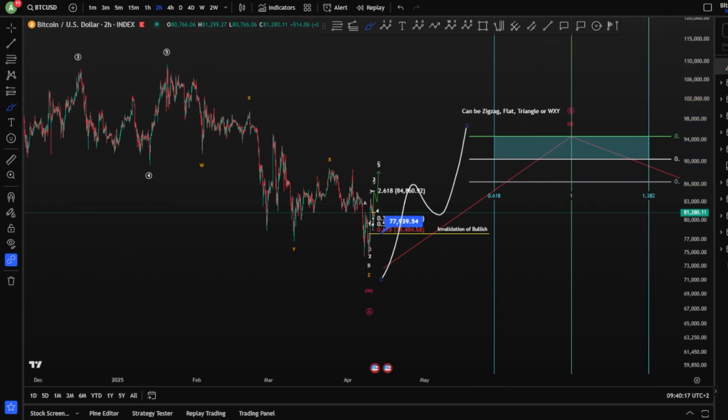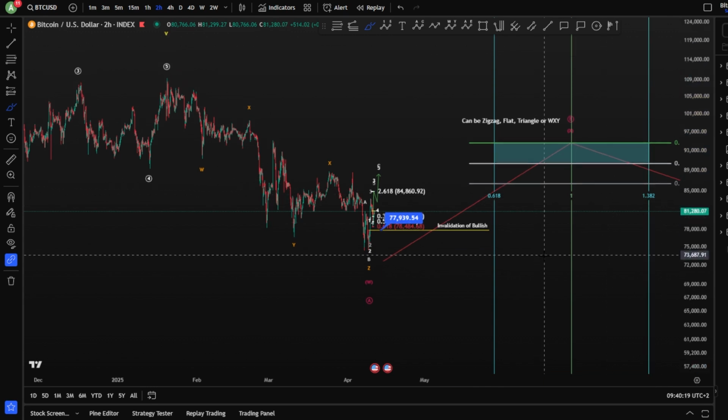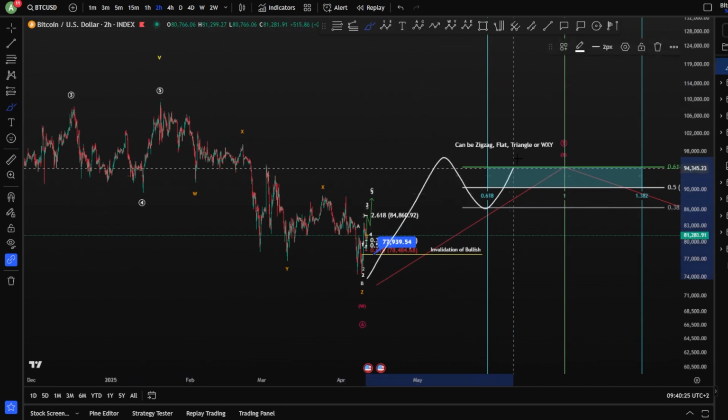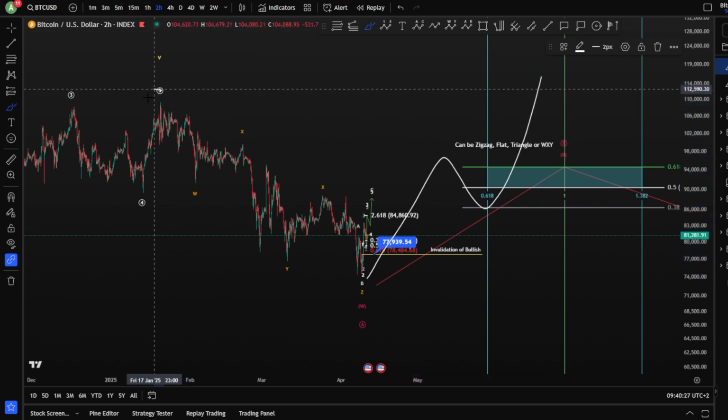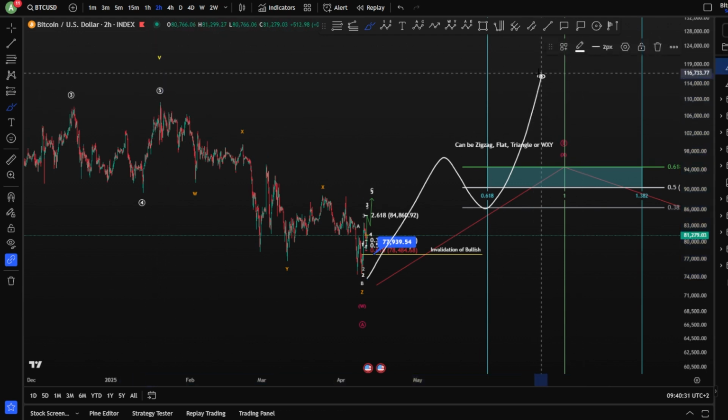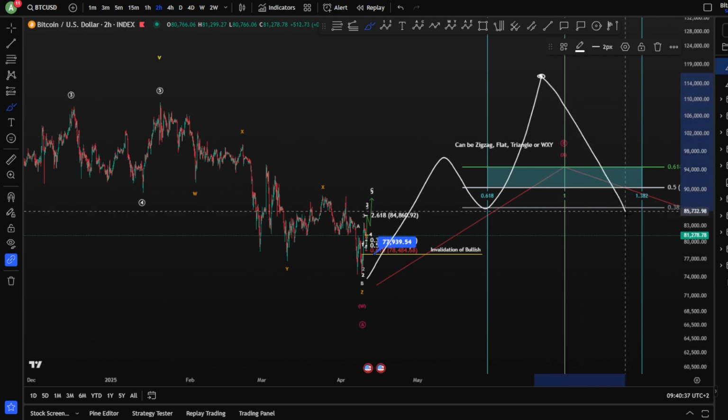Don't forget, in this scenario, there is even a potential to take the all-time high one more time. How? By having a huge zigzag toward the upside, taking the all-time high and bluffing the traders, looking for higher prices, a new all-time high, thinking of a new bull run, and then moving towards the downside massively for a wave C, and continuation of this bear market.